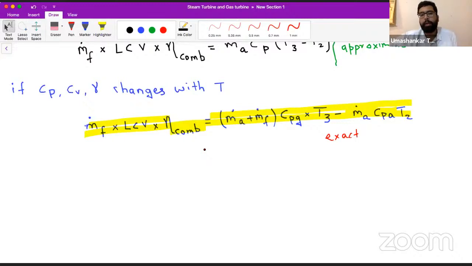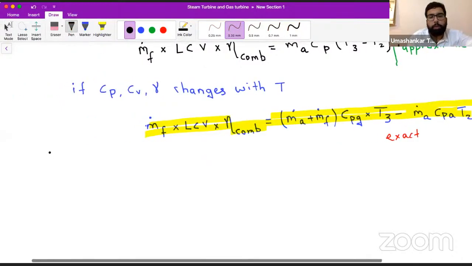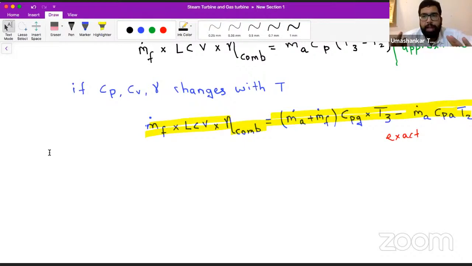All right. Now moving ahead, two things we have seen in the actual gas turbine cycle: Cp and gamma, how to handle that; combustion efficiency, how to handle that; and how to combine both. We have seen it here.